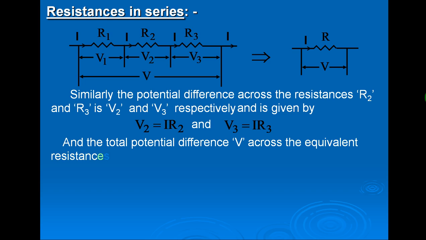The total potential difference V across the equivalent resistance R is given by V is equal to IR.